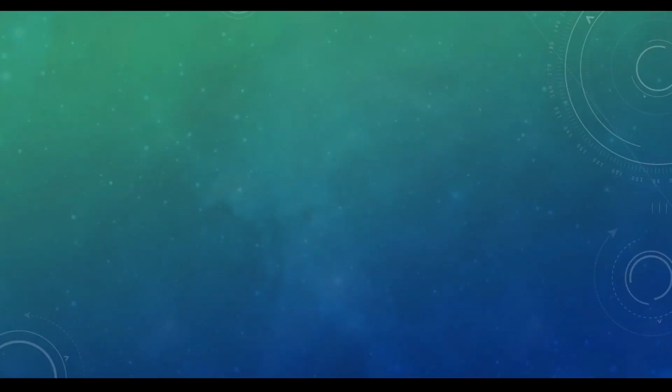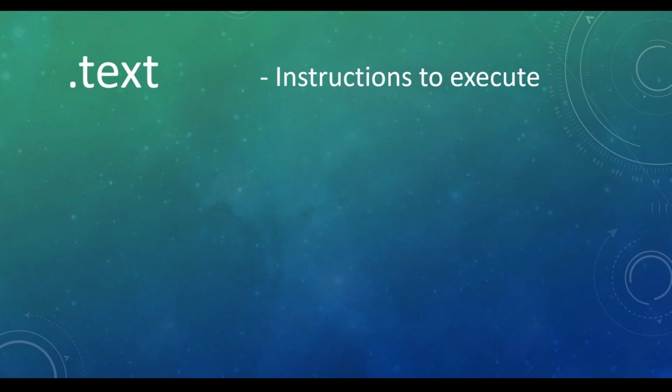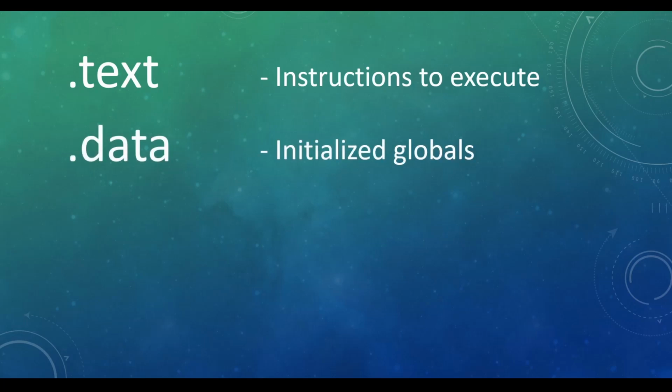Let's start with understanding what the section is, and we'll start to do that by looking at the four most important section types. The first very common section is .text. .text includes the instructions that are going to be executed by the CPU. The second one is .data, and it includes initialized globals.